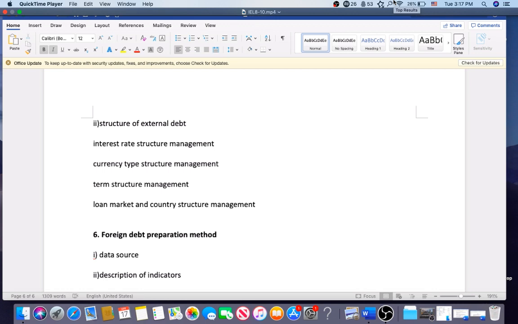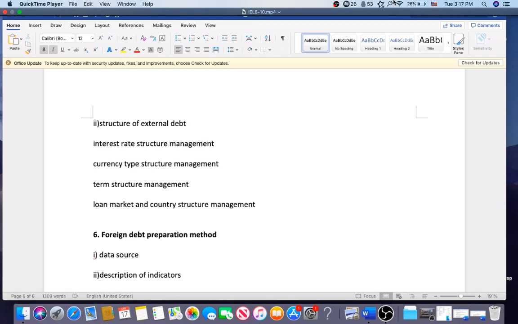And to be specific, we should try our best to obtain the international loan with lower interest rates and more favorable terms, such as loan from foreign governments, international financial organizations, and export credits.